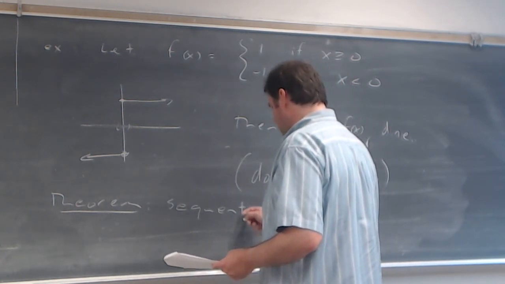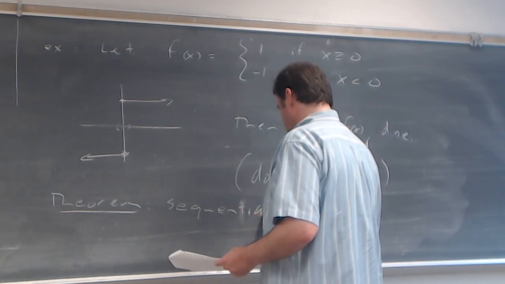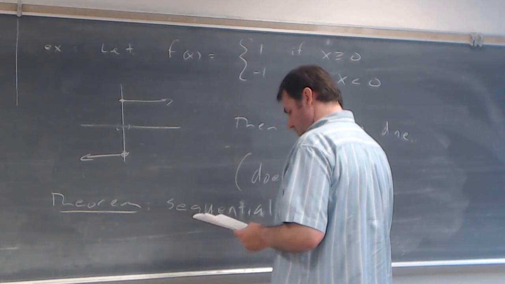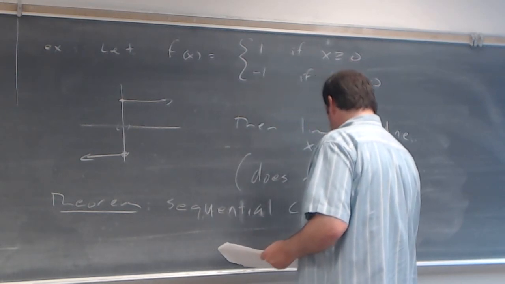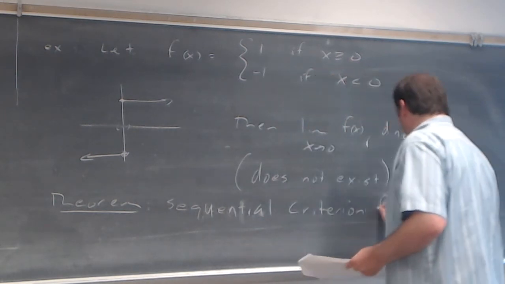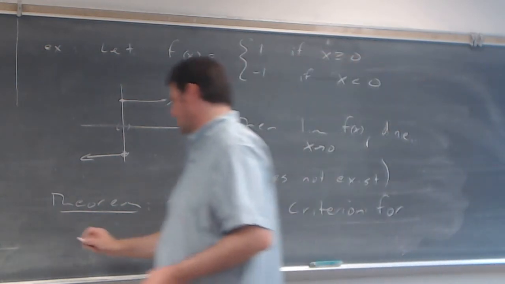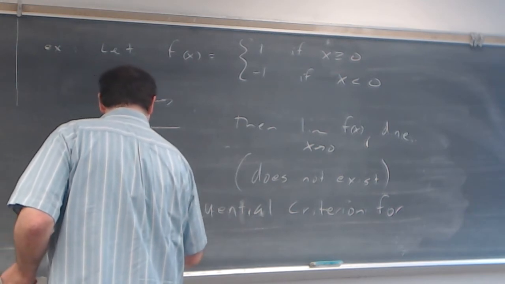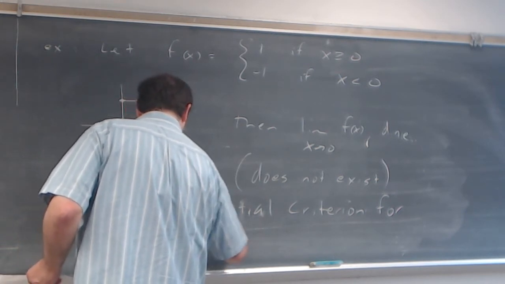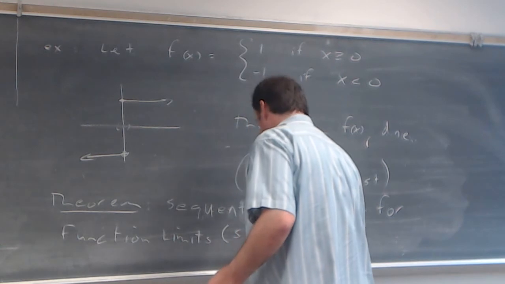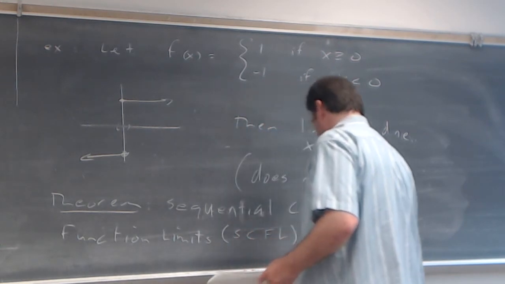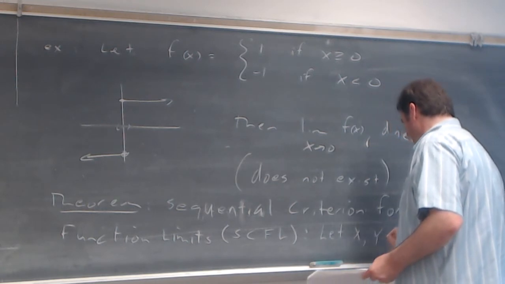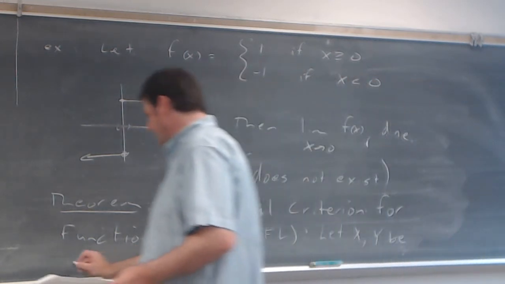This is called the sequential criterion for function limits. A lot of times I'll abbreviate that, the SCFL. And what it says is, we're going to start off by letting X and Y be metric spaces.